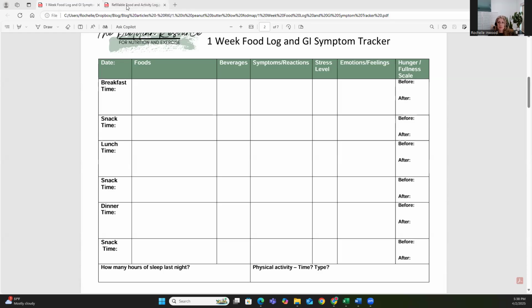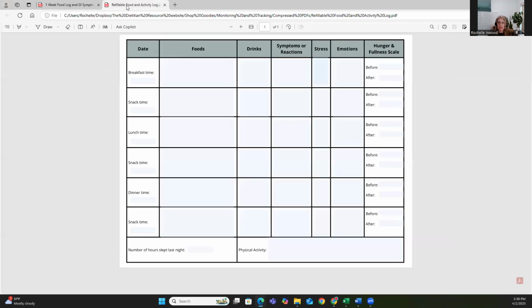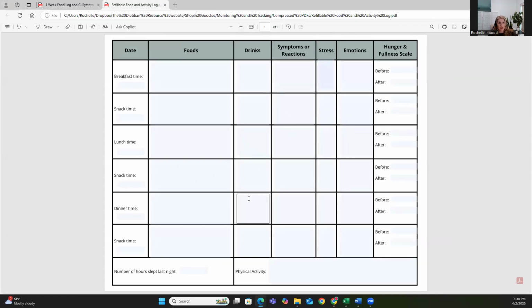So for ease, I'm just going to use my refillable food and activity log here. As I shared, this is available on the Dietitian Resource Shop if you'd like to have this available for your clients. But I'm just going to walk through a sample of a food symptom tracker, how it can work. So let's say that my client wakes up at 5:30 in the morning, their first meal is at 7 a.m. and what they're having at that time is a half a cup of oatmeal.